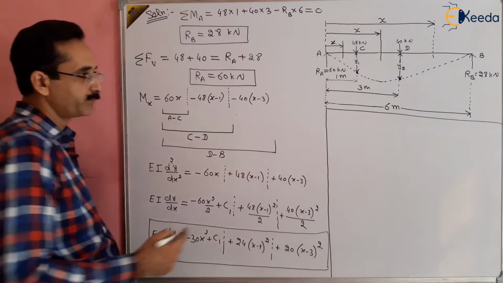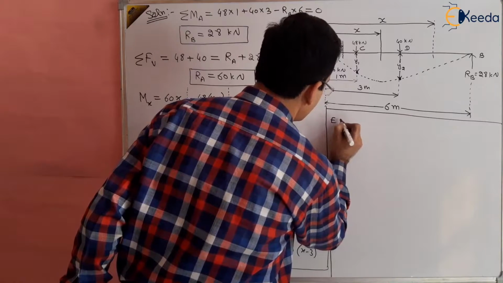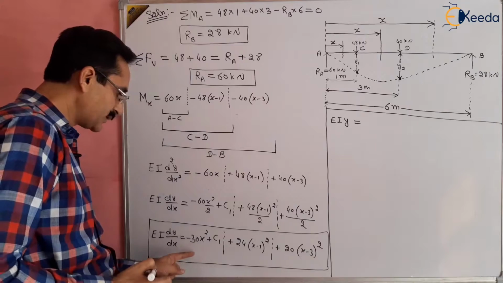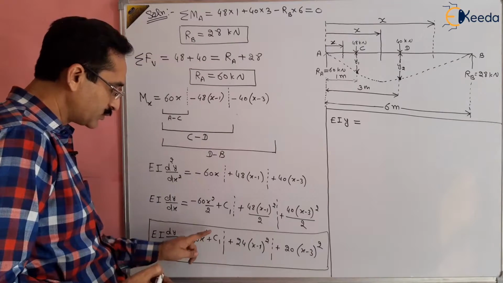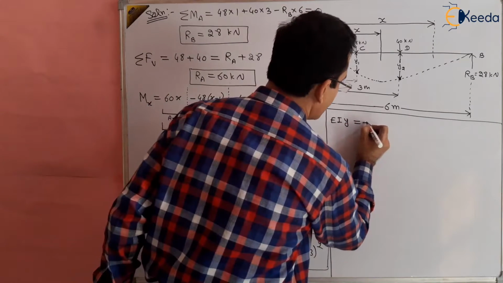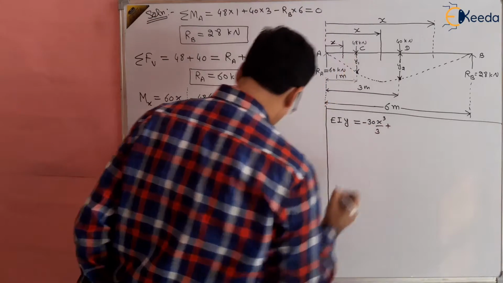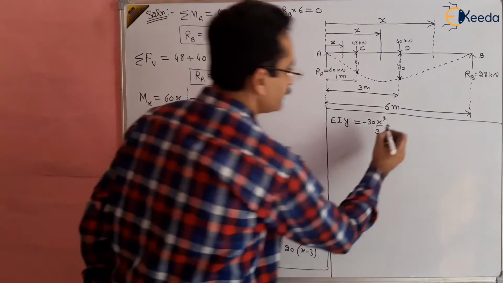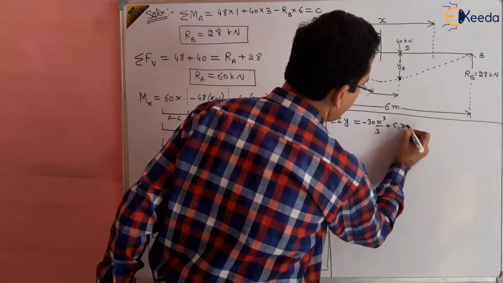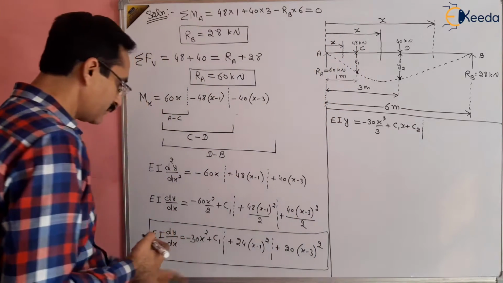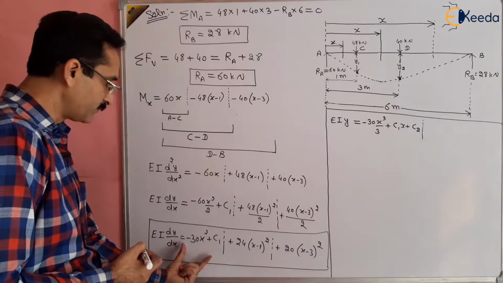So EI y will be equal to the integration of this: minus 30 x cube by 3, plus the integration of c1x, and we will get another constant c2, and then we use the dotted line valid for A to C.